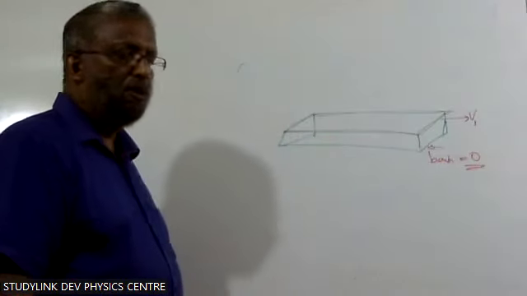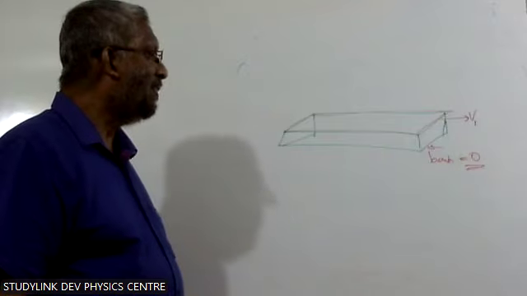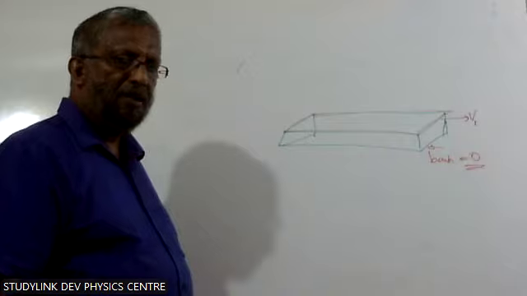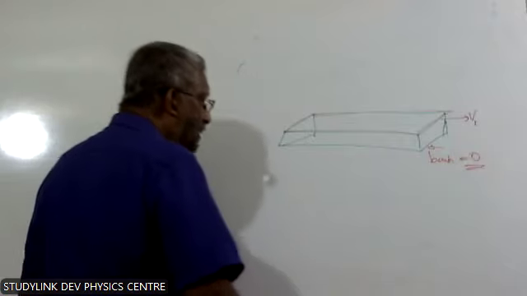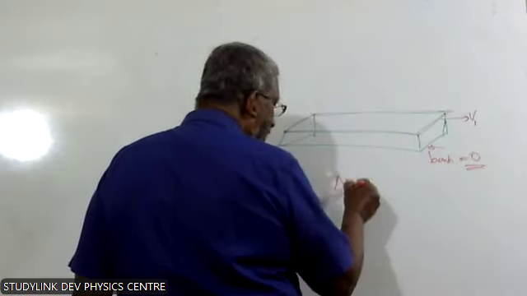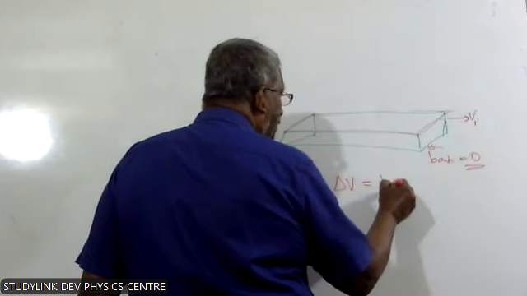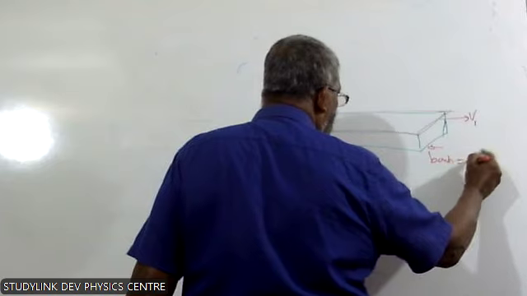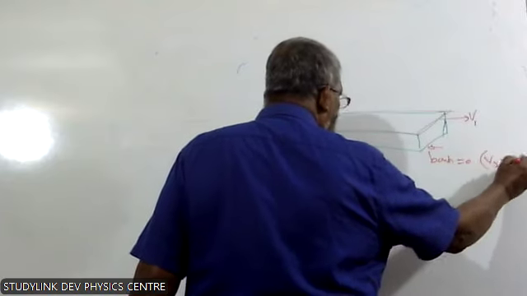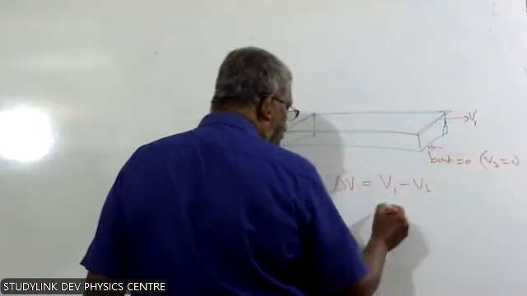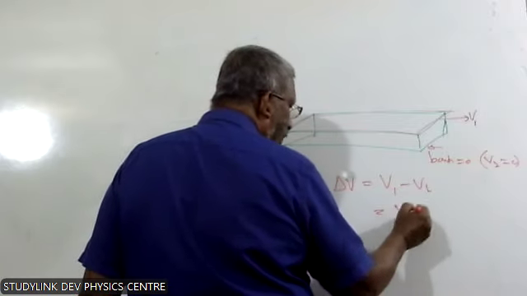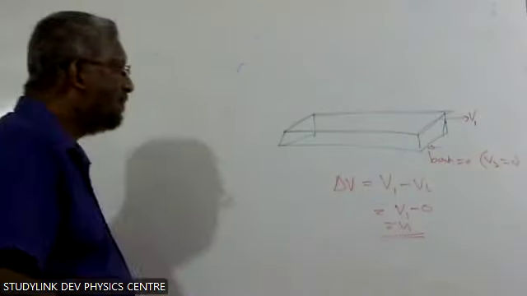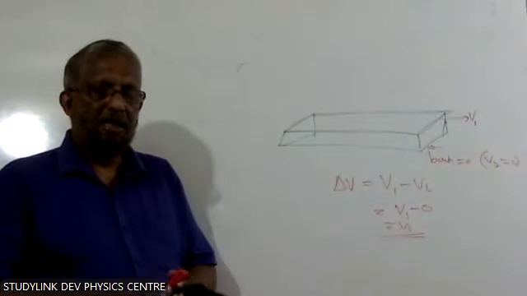We can't pull or push it. Then the upper one has V1. Then delta V is equal to V1 minus V2, that means V1 minus 0, that is V1 only.